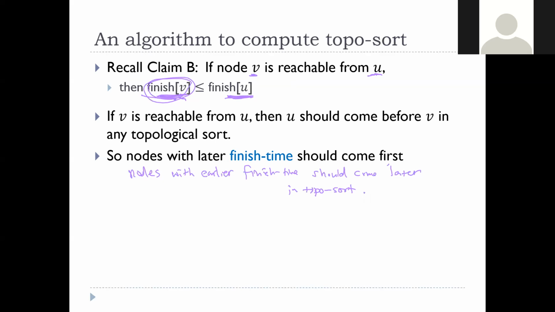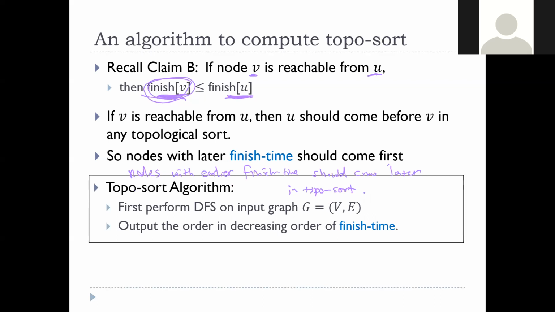So what that suggests is a simple algorithm. Given a DAG, I first perform DFS on this graph, and then I simply output the nodes in decreasing order of the finishing time. This is just so that the nodes with earlier finish time come later in the order.